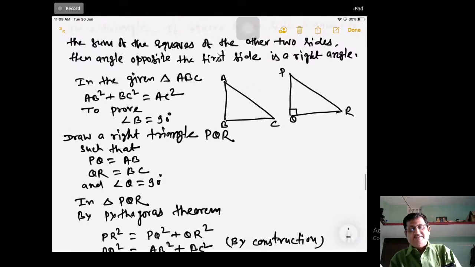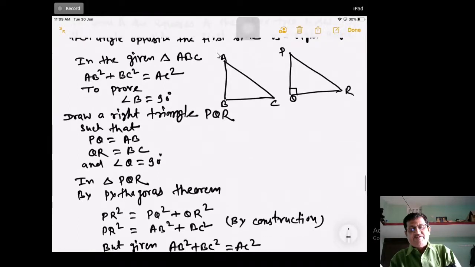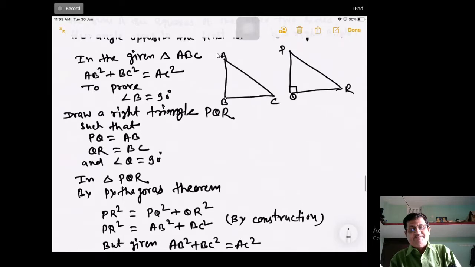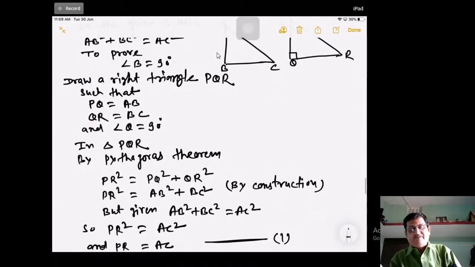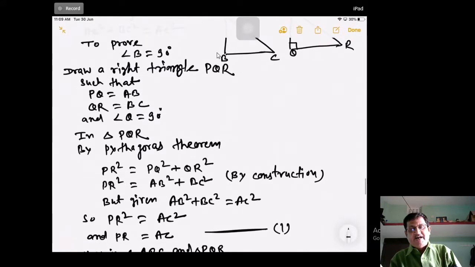Now, draw a right triangle PQR such that PQ is equal to AB, QR is equal to BC, and angle Q is equal to 90 degrees. Now PQR is a right angle triangle. So by Pythagoras theorem, PR square is equal to PQ square plus QR square.